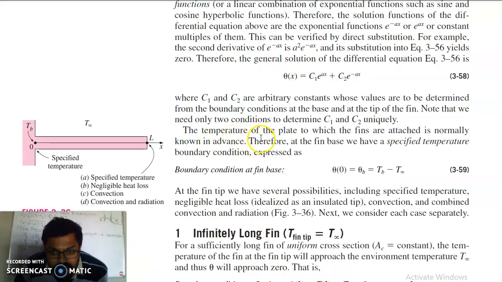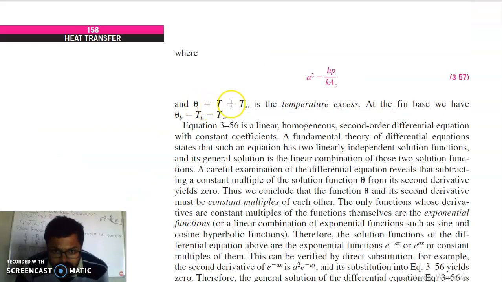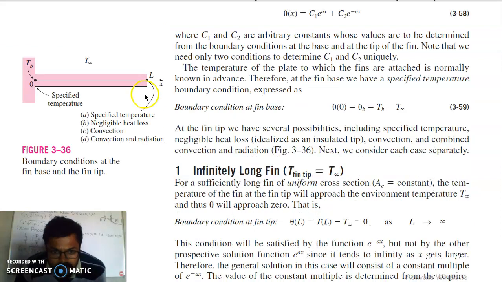The temperature of the plate to which the fin is attached is normally known in advance, means this base temperature Tb. So the boundary condition at the fin base is theta at 0 is equal to theta b, which is equal to Tb minus T infinity, whereas theta is equal to T minus T infinity, the temperature excess. So instead of T you can write Tb, it will become theta b.